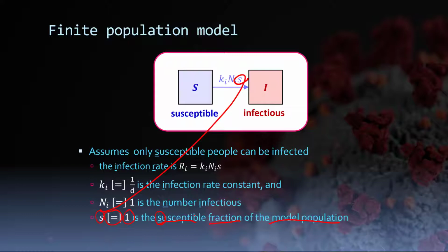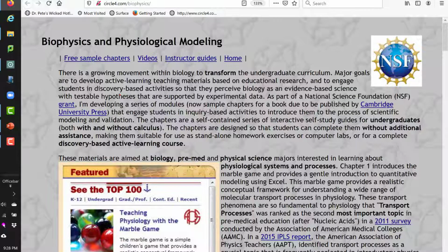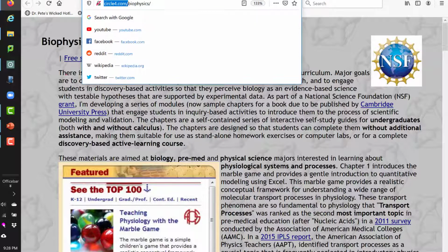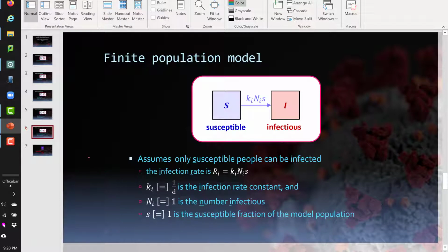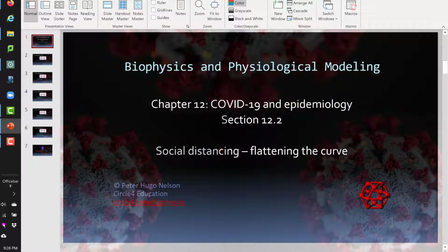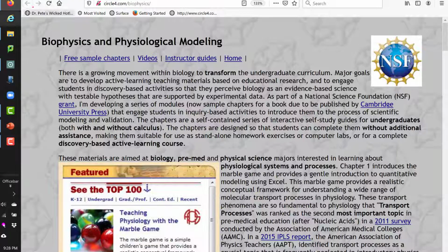What I'd like to do next is to show you the website where you can get the chapter that we're talking about. If you go to circle4.com/biophysics, which is listed in the PowerPoint, there are 3 sample chapters.